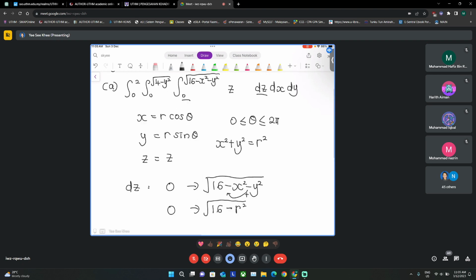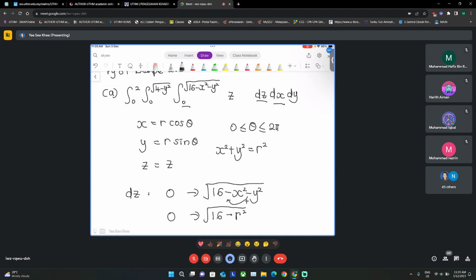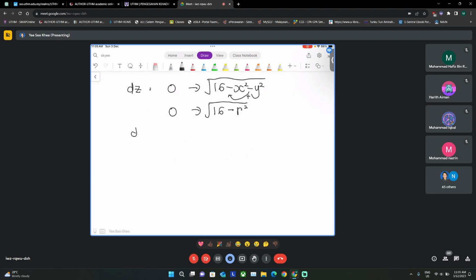Next, we move on to the dx interval. So the dx interval is from 0 to the square root of 4 minus y square.